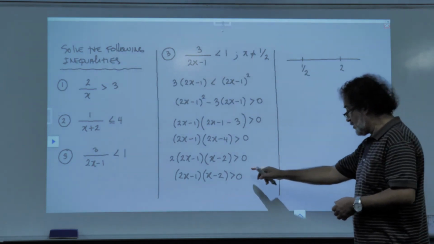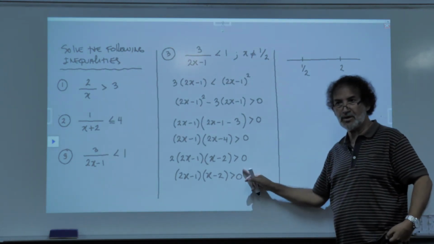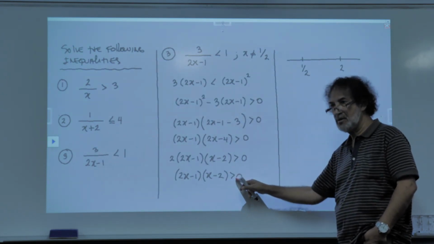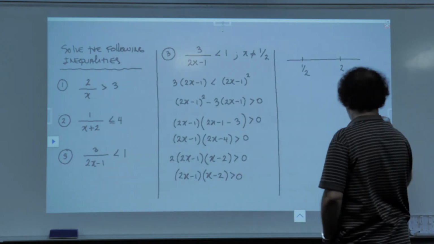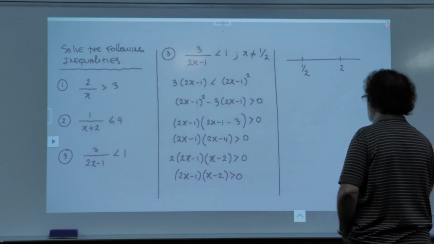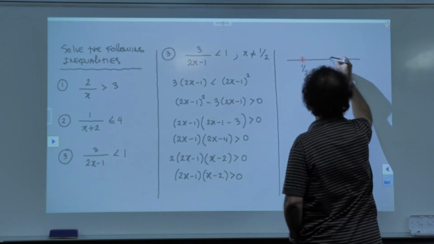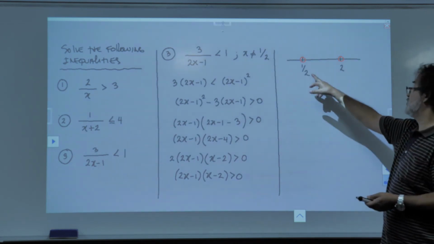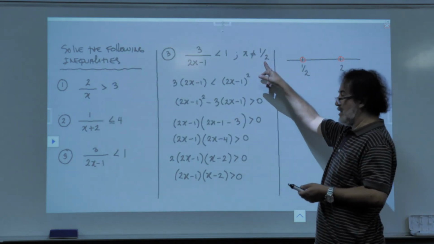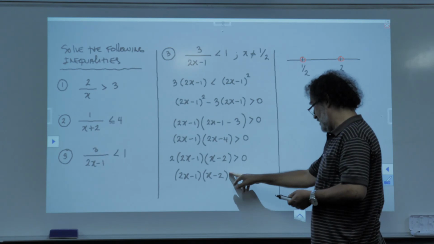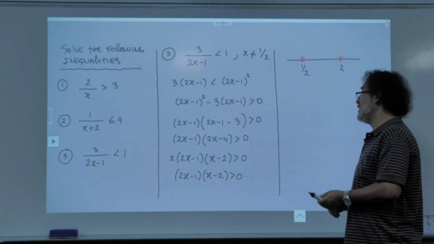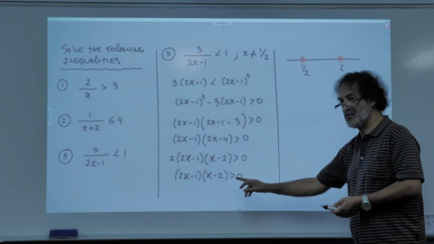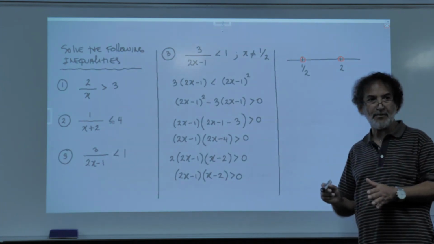And because the solution set doesn't include the equal, that means we're going to have open circles on this and this. All right? So we are excluding a half because of the greater than, and we are excluding 2 because it has to be greater than. All right? Do you understand that?